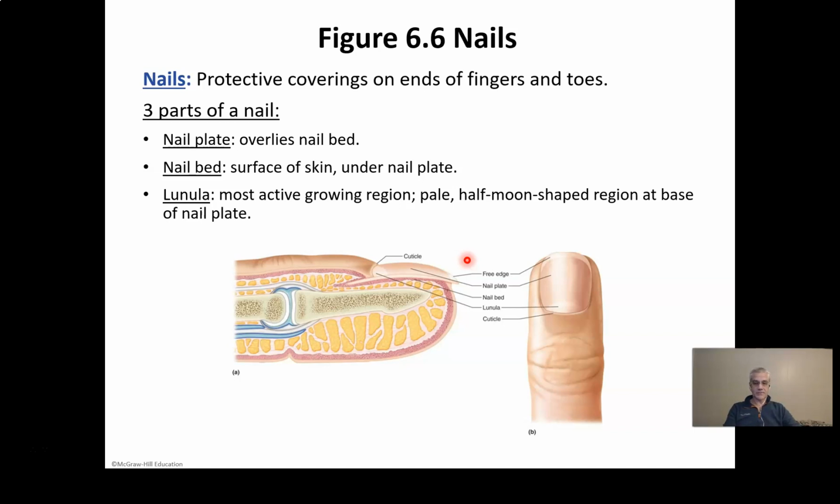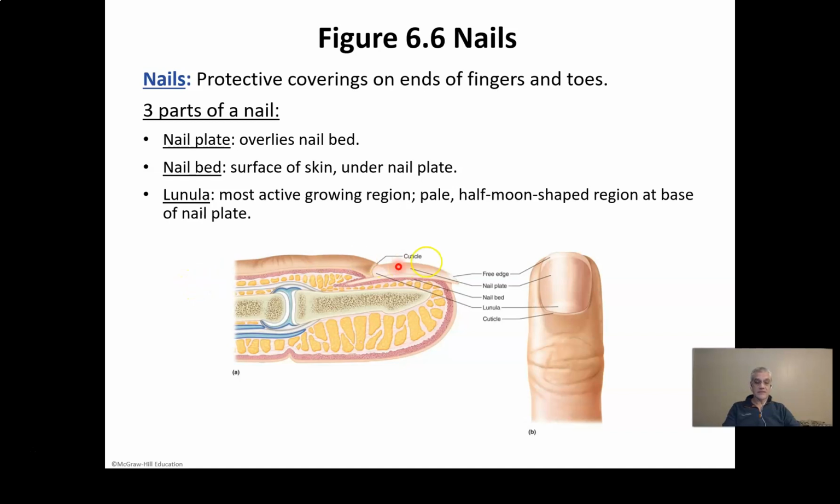Now, of course, all of this stuff, the plate on up to the free edge, is not innervated. Thank goodness, because when you cut your nails, you don't feel anything. But if you were to cut it too far back, eventually you're going to run into cells that are adherent to the underlying surface.